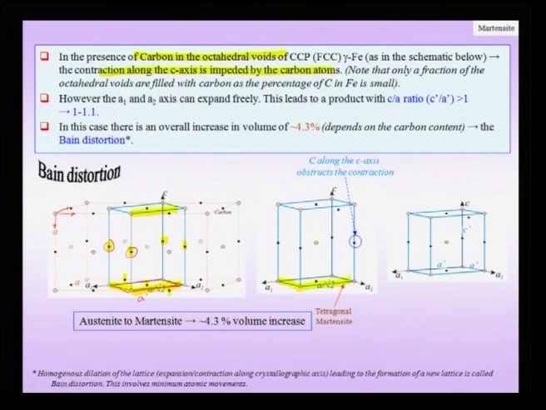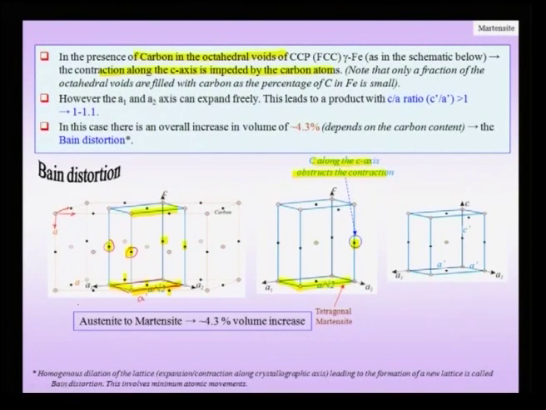On the other hand, the C axis is partially impeded by the presence of carbon atoms. For instance, a carbon atom sitting here would obstruct my contraction along the C direction, and therefore, instead of obtaining a final product which is BCC, I land up with a final product which is a BCT structure.